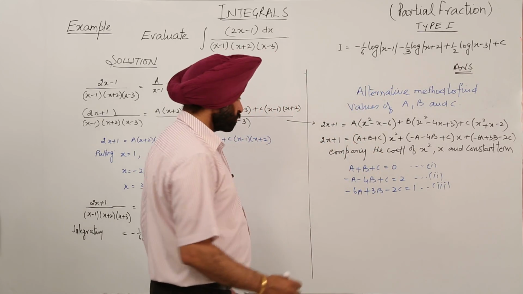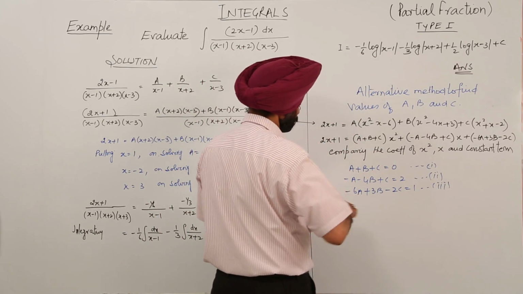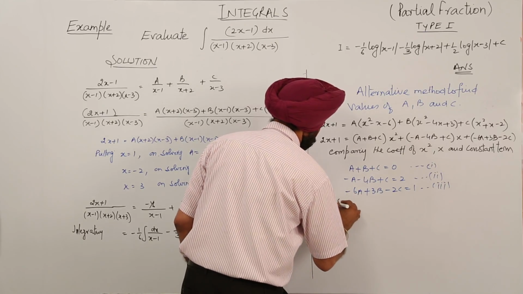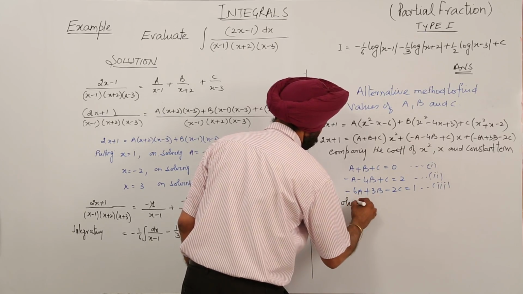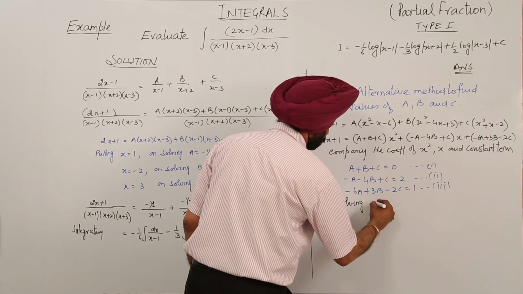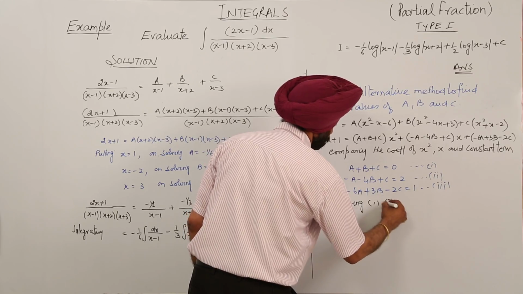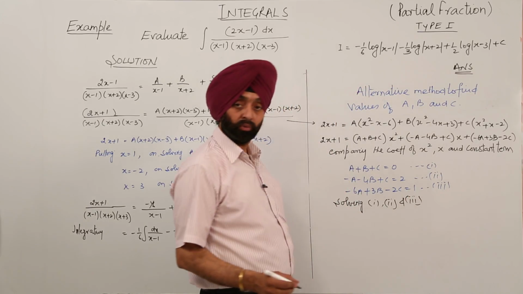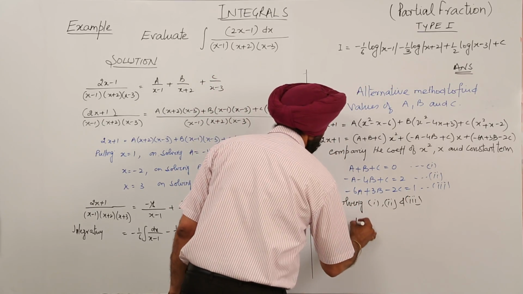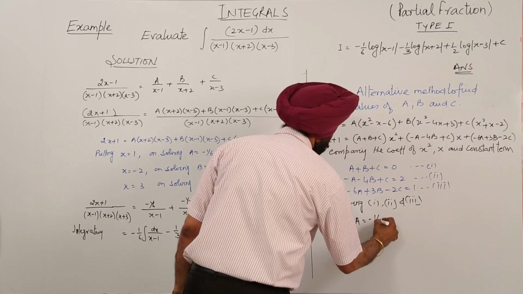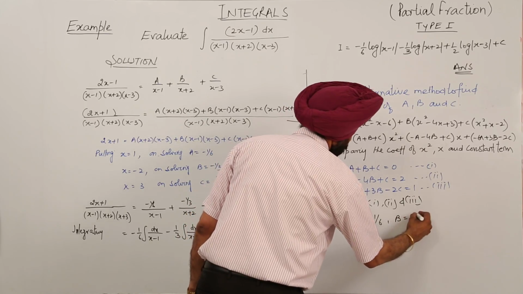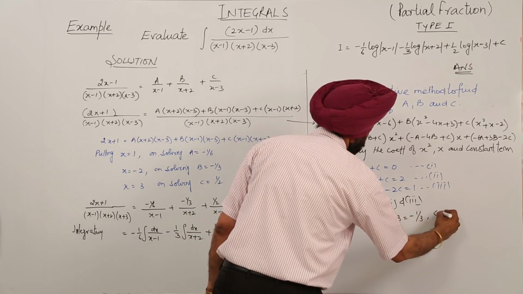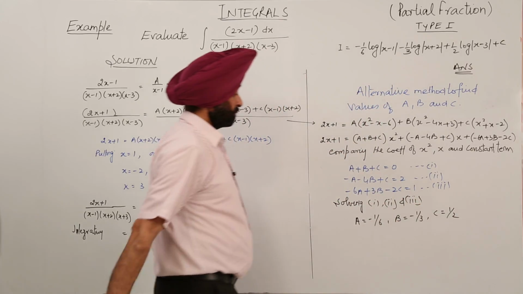Okay, so solving 1, 2 and 3, you will be getting A is equal to -1/6, B is equal to -1/3 and C is equal to 1/2.